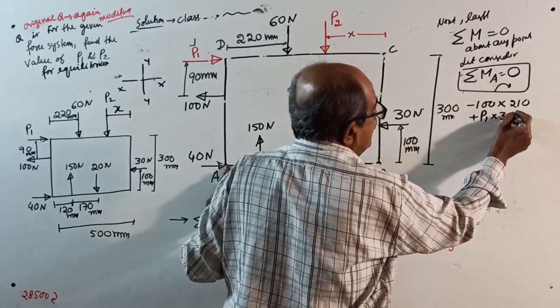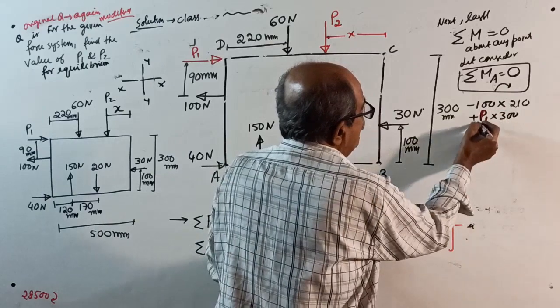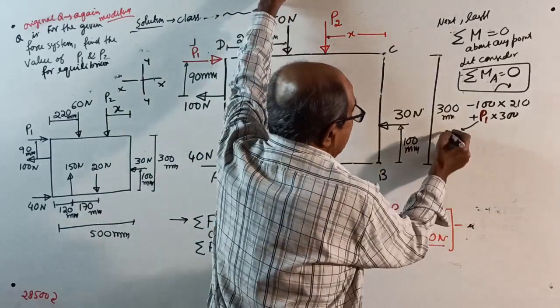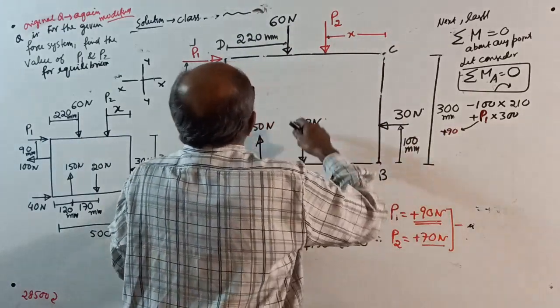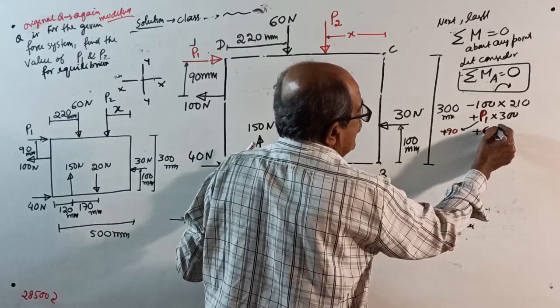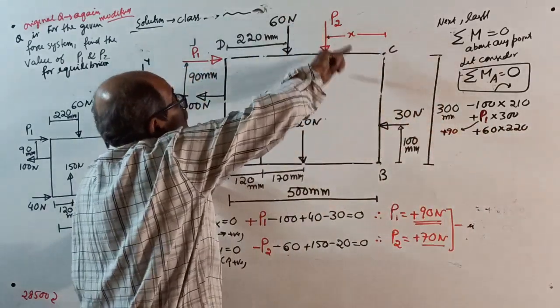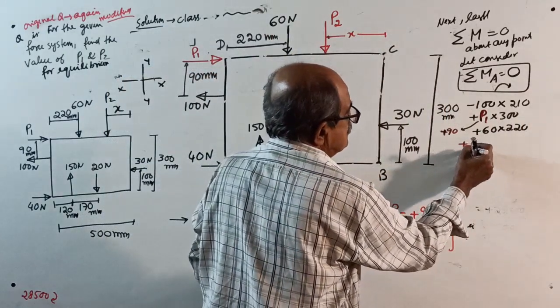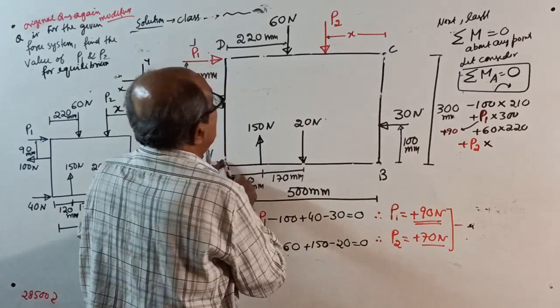P1 I will put in red color. For P1 substitute plus 90 later, plus 60 into 220, plus P2 into, see, moment about A.